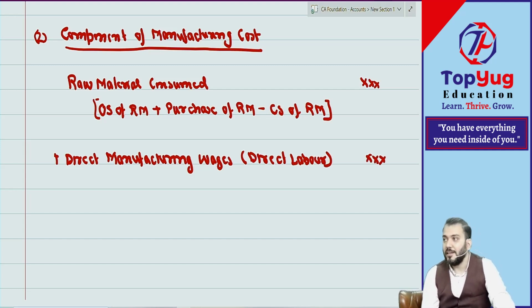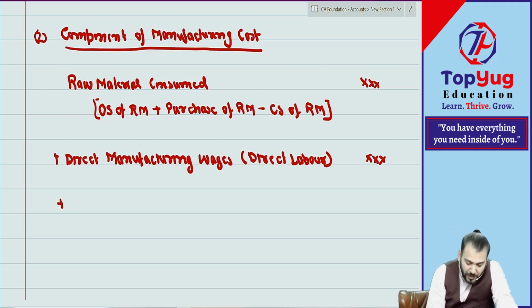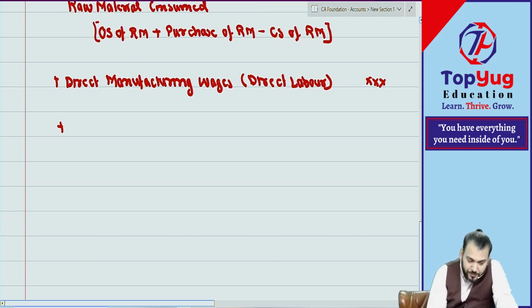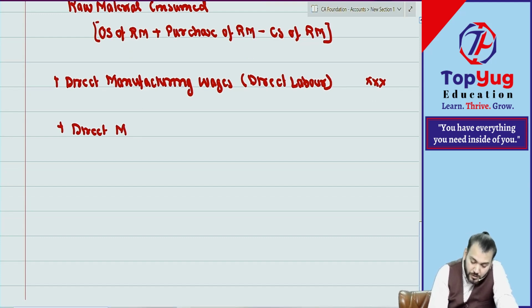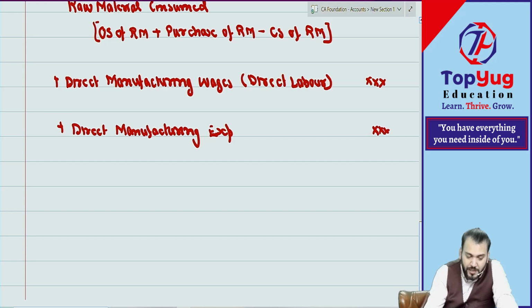Understood? Correct. Then in this we'll add direct manufacturing expenses. Already we have done examples in the inventory chapter. Correct now? So direct manufacturing expenses will be added.